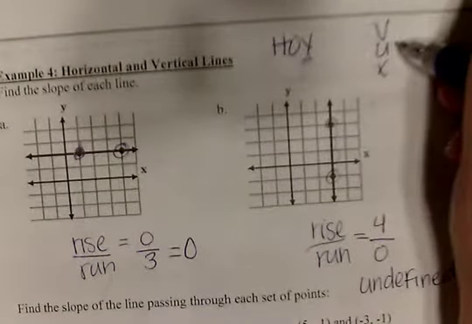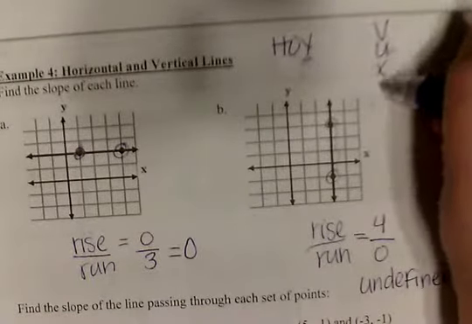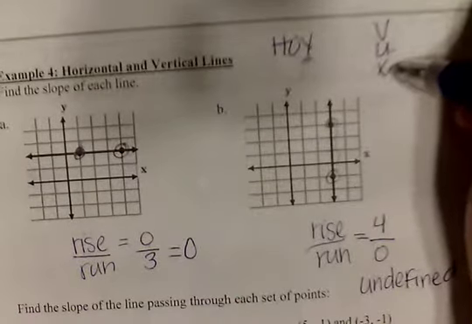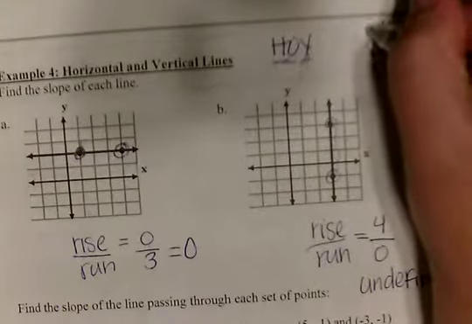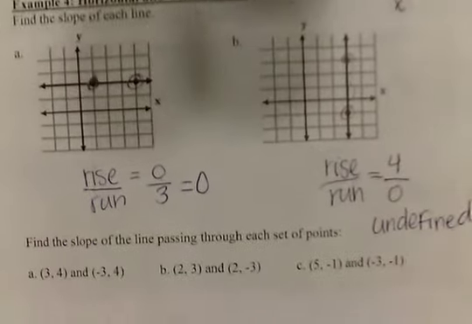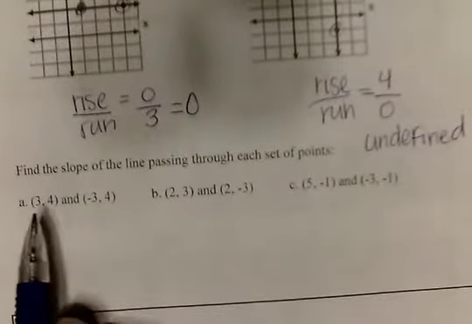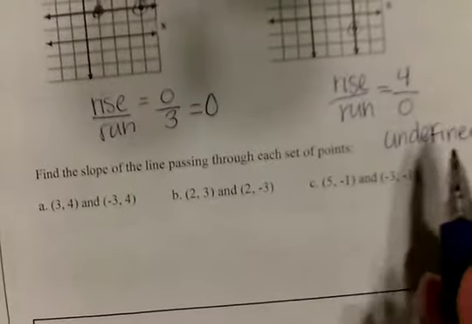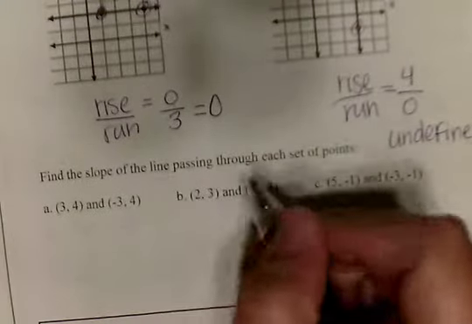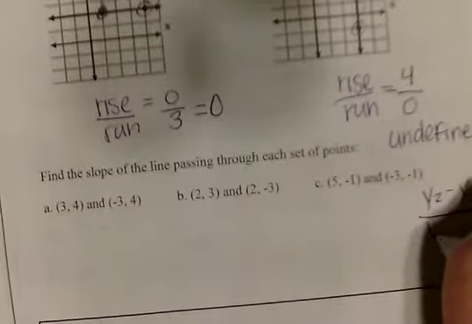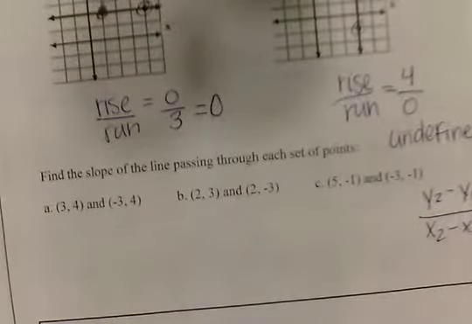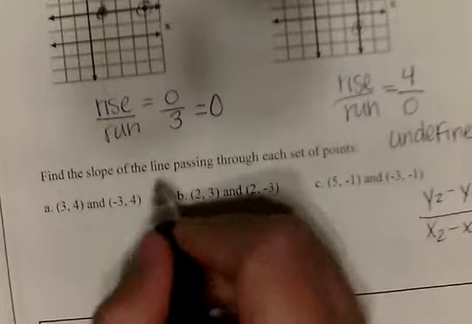And a vertical line has undefined slope, and we'll talk about what the x means at another time. So horizontal lines always have 0 slope, and vertical lines always have undefined slope. And then you can use your slope formula to finish filling out A through C. So remember that this is y2 minus y1 over x2 minus x1. Label all of your points and plug them in.